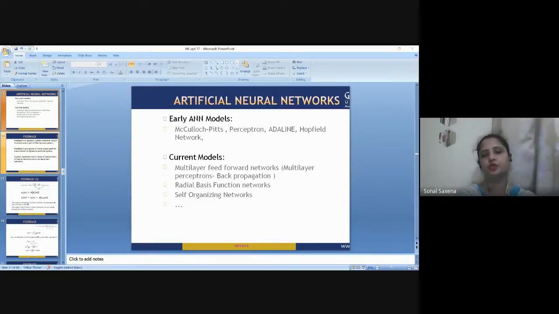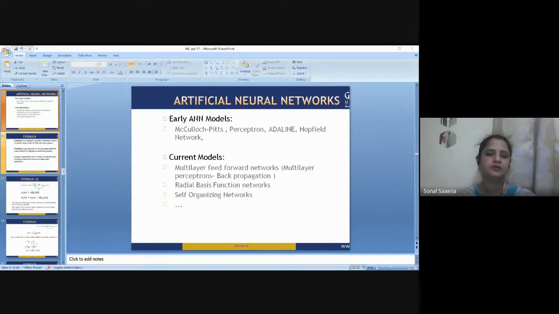Now, how does a neural network work? Understand. See, a neural network actually has a large number of processors.